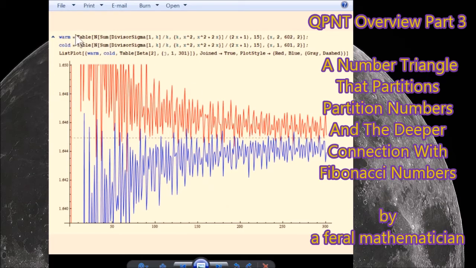So what makes a difference between warm and cold here is that in the warm table, x is always odd, and in the cold table, always even. So we're taking 300 spans between squares of consecutive numbers and averaging their ratio of sigma to n, sigma n over n.